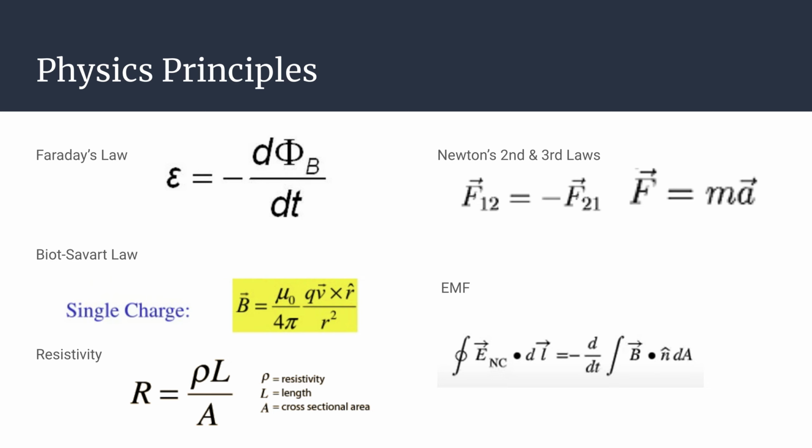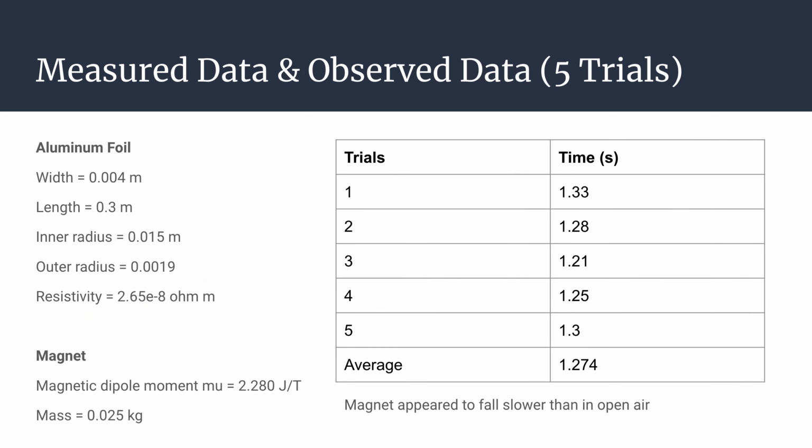And then we need Newton's laws so we can calculate the force of gravity acting on the magnet, and also so that we can equate the equal and opposite forces of gravitational force and magnetic force from the cylinder. We also have resistivity, which comes from the aluminum foil and is based on its material properties.